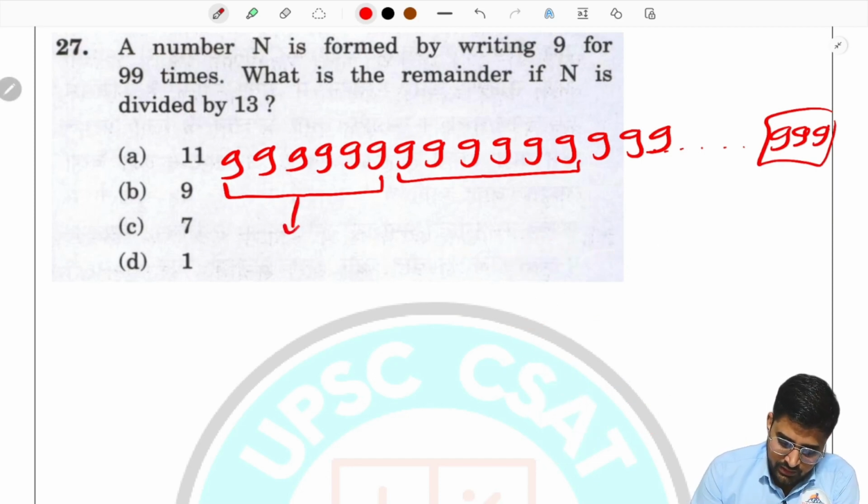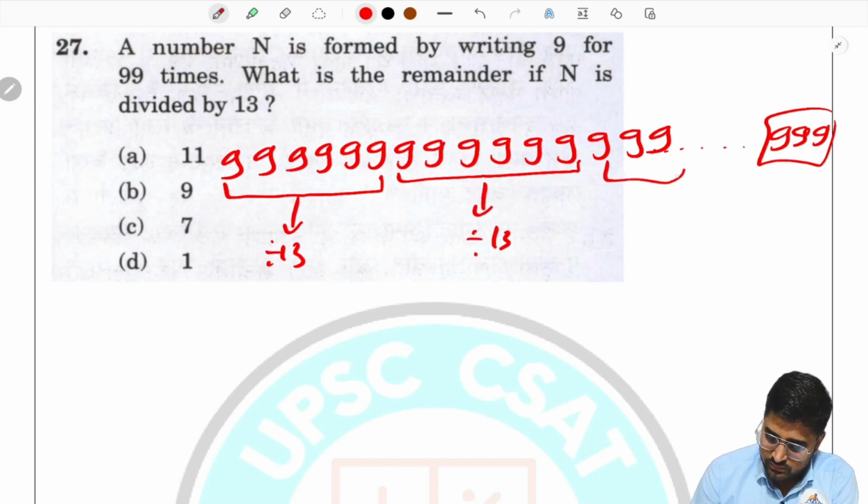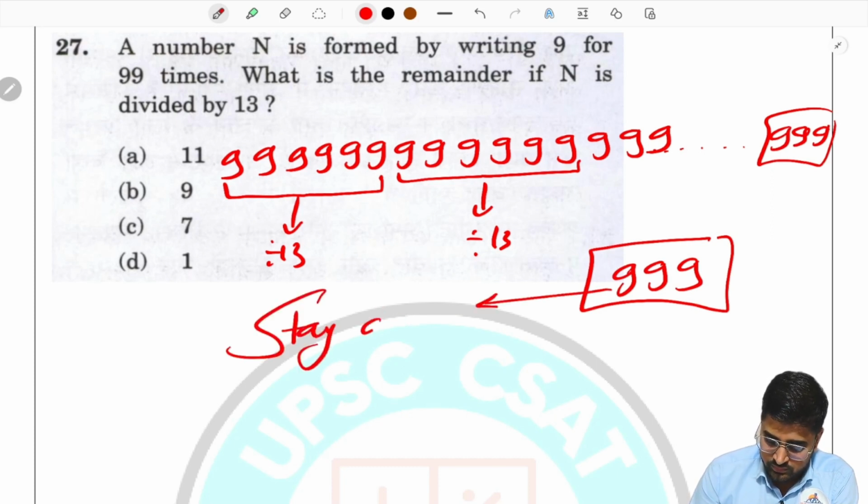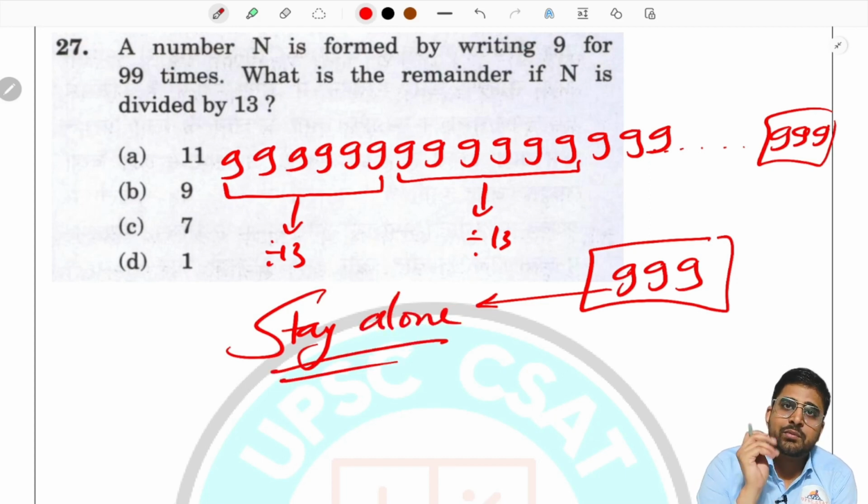All of the sets are divisible by 13, so that is not my concern. The concern is this part, which stays alone. This is a problem for me.